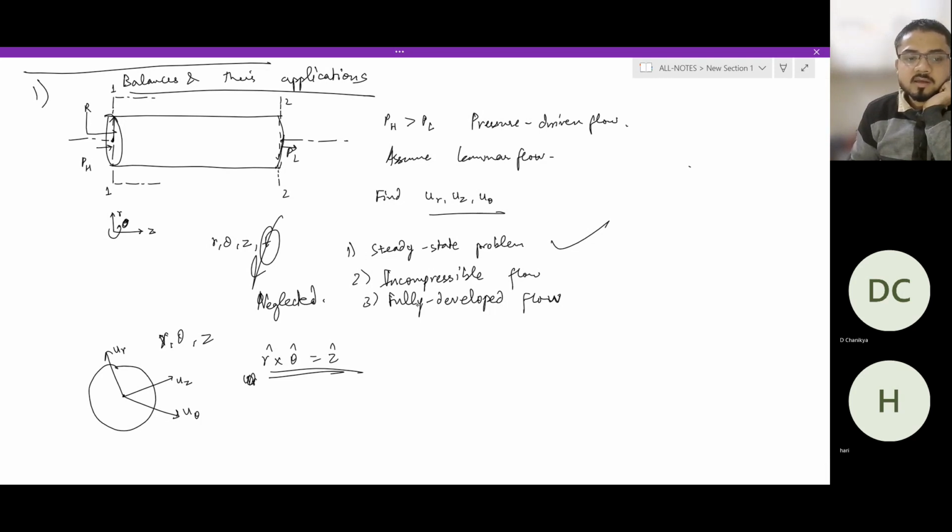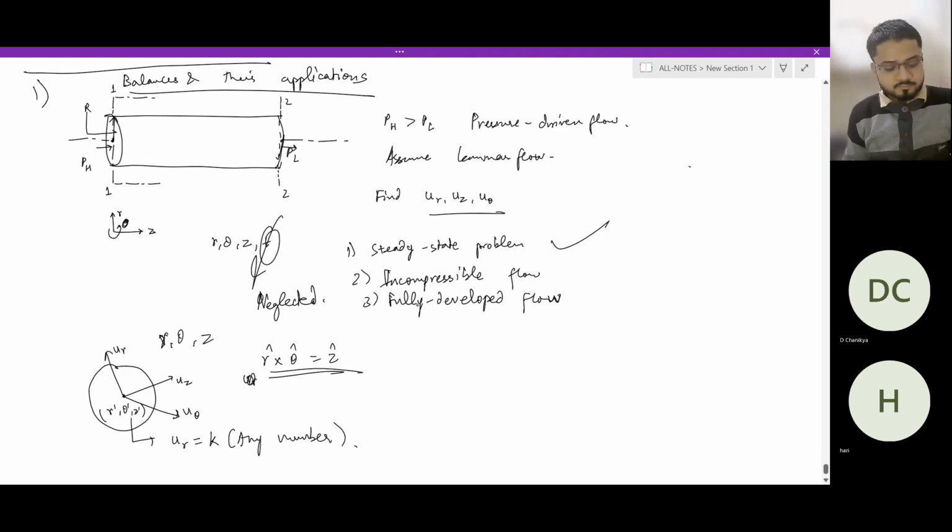So if I say that at a certain point r prime, theta prime, z prime, the value of ur is something like, let's say, k, okay? K could be any real number.